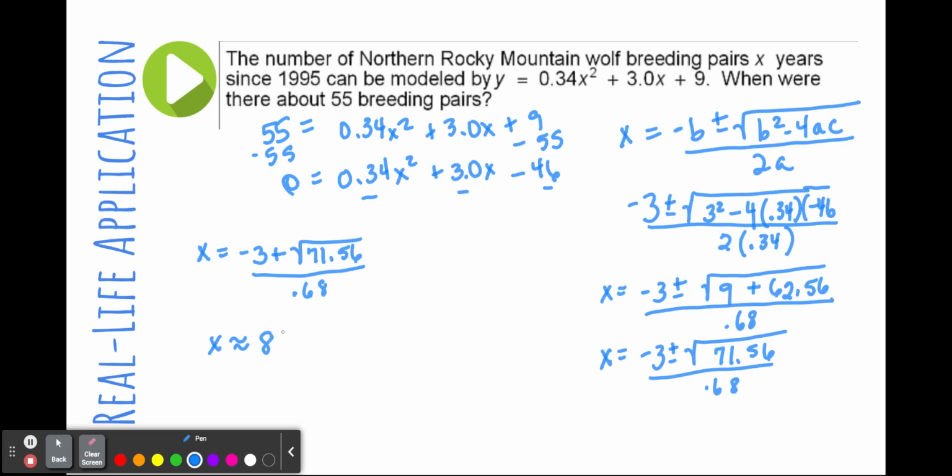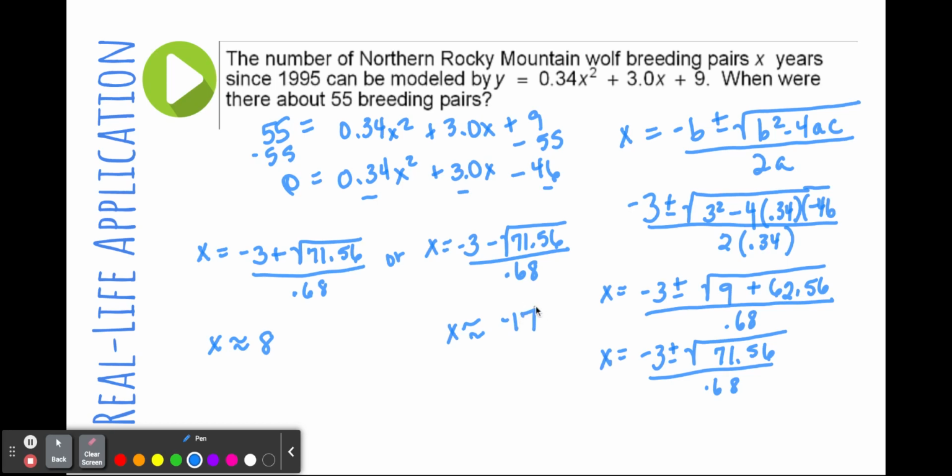Or we have x is equal to negative 3 minus the square root of 71 and 56 hundredths over 68 hundredths. And that gives us x is approximately negative 17.